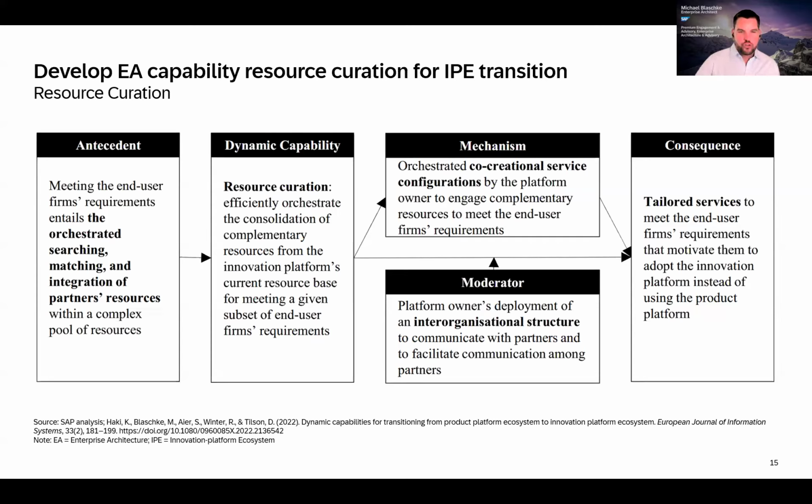The proposition to you is, in a first step, ask yourself if and to what extent you adopt enterprise architecture in the first place. And in the second place, if and to what extent do you want to employ EA as a capability in transitioning to your innovation platform ecosystem, if you do so.